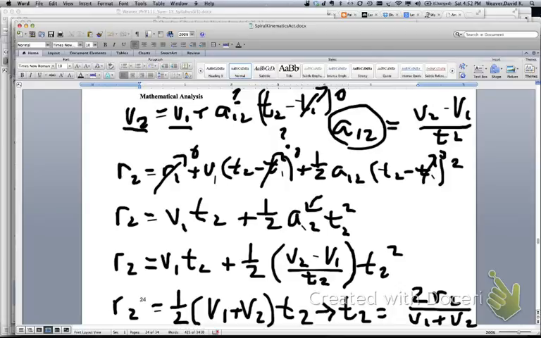I can't do the actual calculation on this screen, can I? I probably could. Why don't I just box out an area right here?